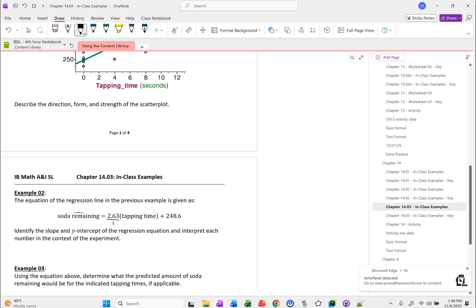What is the y variable in this problem? It's the amount of soda, the milliliters of soda. What is the x? The time. And what's tapping time measured in?